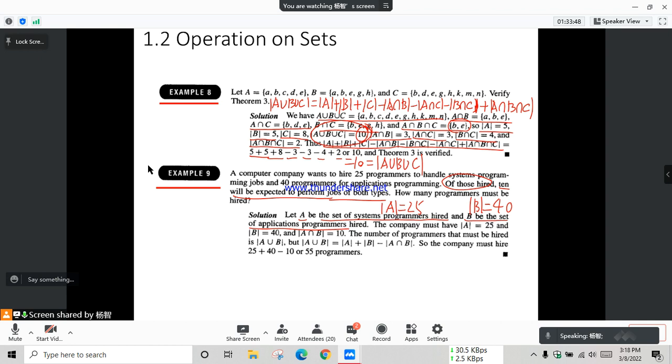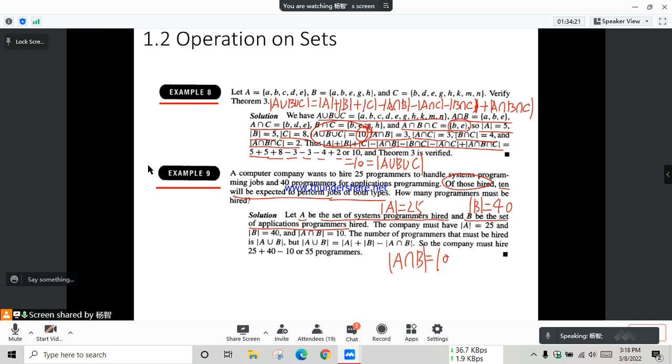It means that we have 10 programmers who do these two types. It means these 10 programmers belong to A, and also belong to B. So the cardinality of the intersection of A and B is equal to 10.